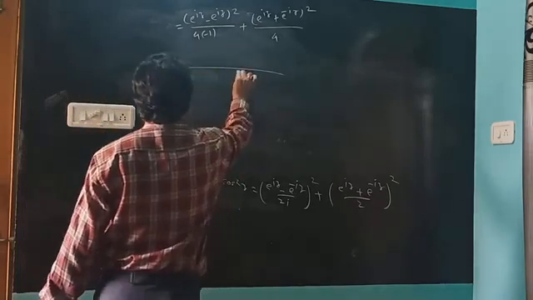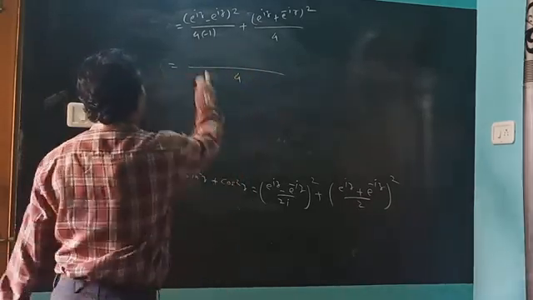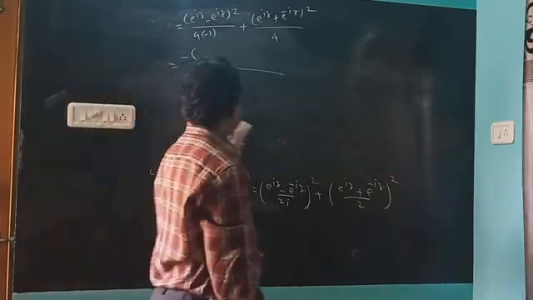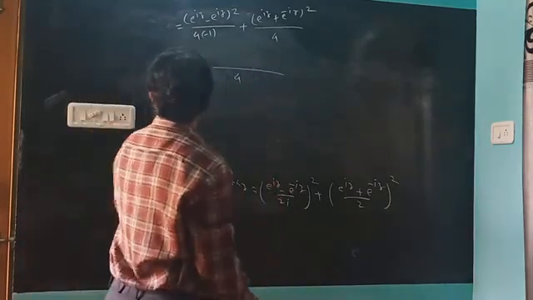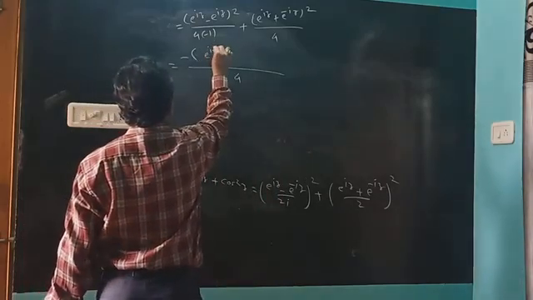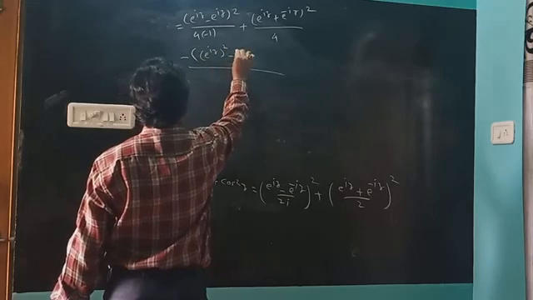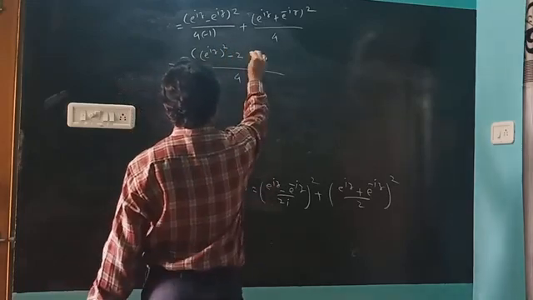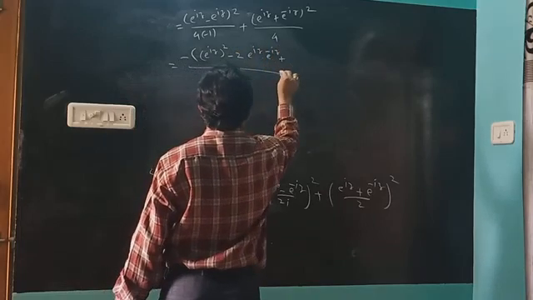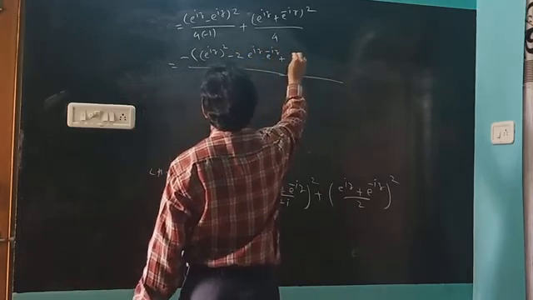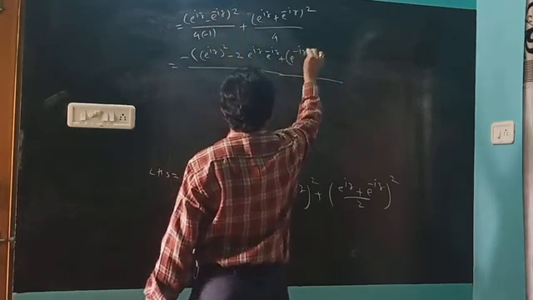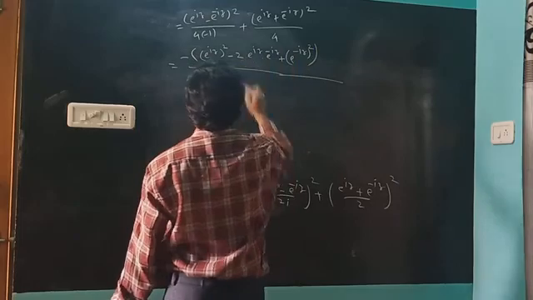So LCM 4, and here the minus sign. Expanding these squares, first term: e raised to power iz whole square minus 2 times e raised to power iz e raised to power minus iz plus e raised to power minus iz whole square, with the minus sign for the first term.